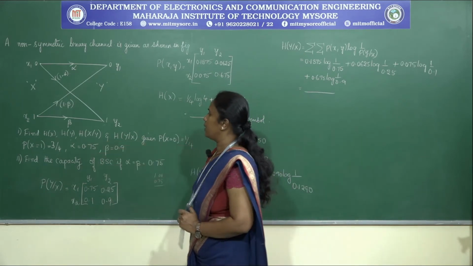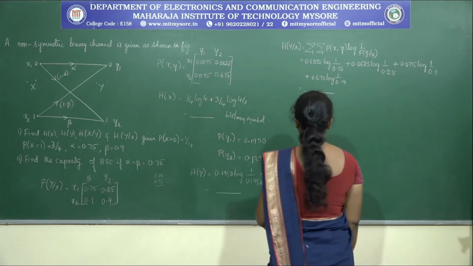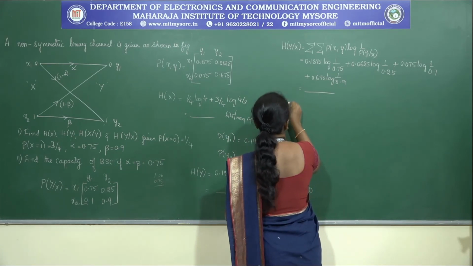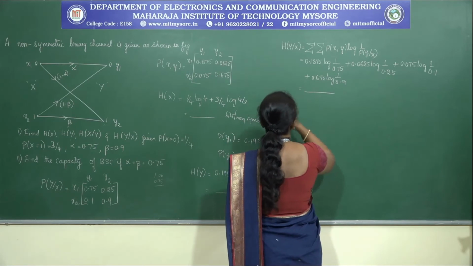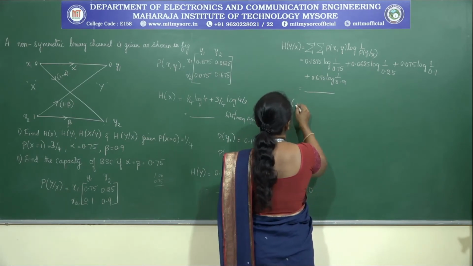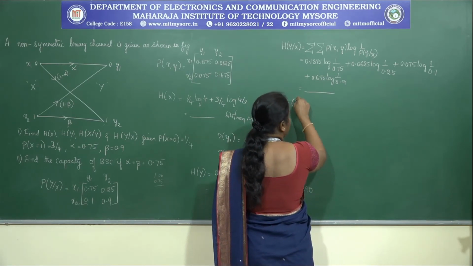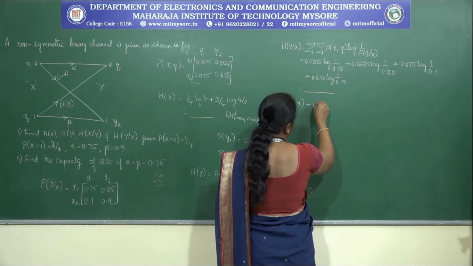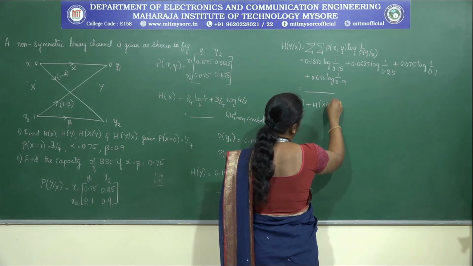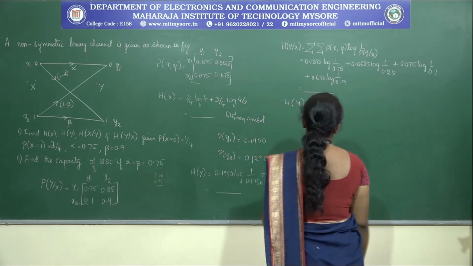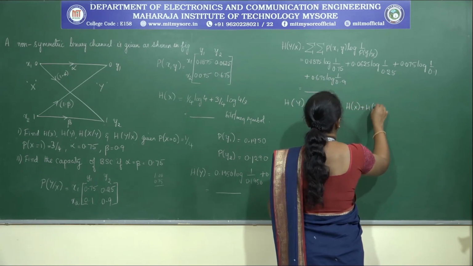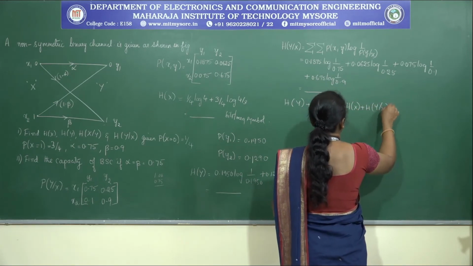Now you need to calculate h of x by y. So h of x by y can be found using the formula. We know that h of y plus h of x by y is equal to h of x plus h of y by x.